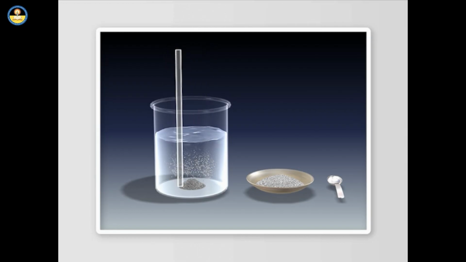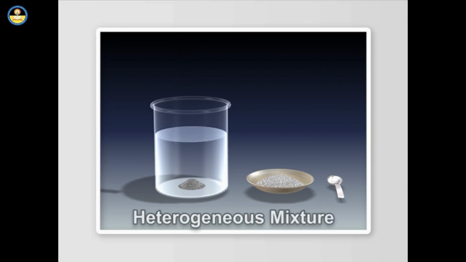We observe that the sand does not dissolve in water, but remains suspended in it. After a few minutes, sand settles down at the bottom of the container. From this observation, we can say that this is a heterogeneous mixture. Such heterogeneous mixtures are called suspensions.